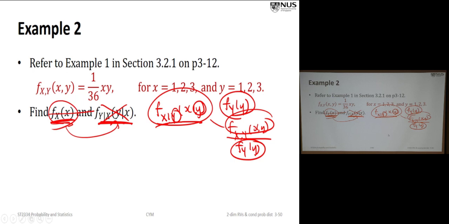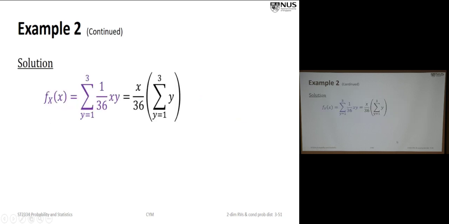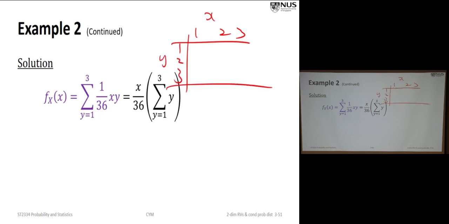Okay. So how to get the marginal of x? One way to do it is to write it in a table form. So x is 1, 2, 3, y is 1, 2, 3. Then this is 1 over 36, this is 2 over 36, 3 over 36.